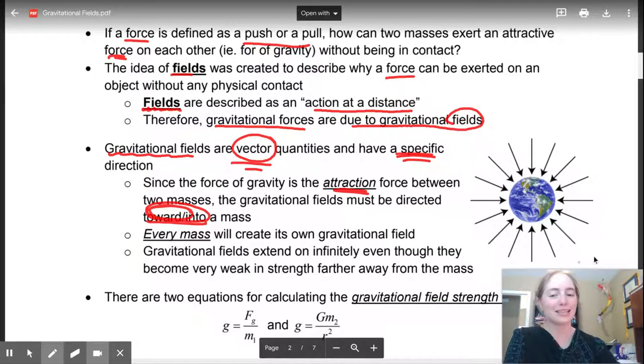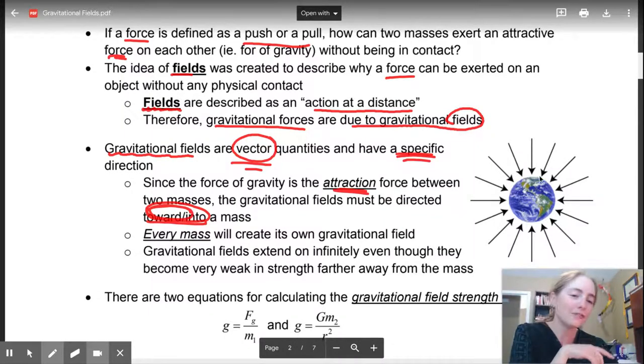As we see in the diagram here, these are our vector arrows. Each of these arrows represents the gravitational field. The arrow, as in all vectors, is pointing towards the direction it's going.